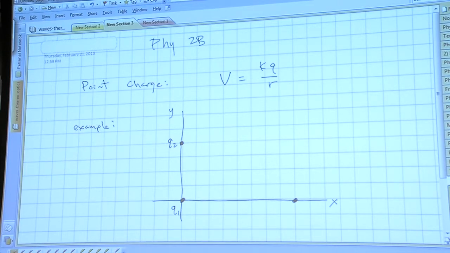Out here. And we're going to move q3 from this point to this point.